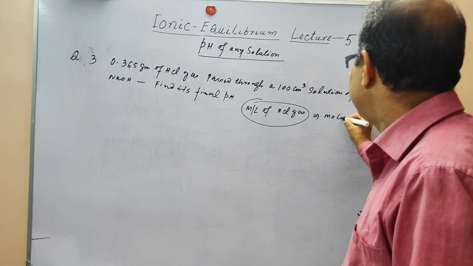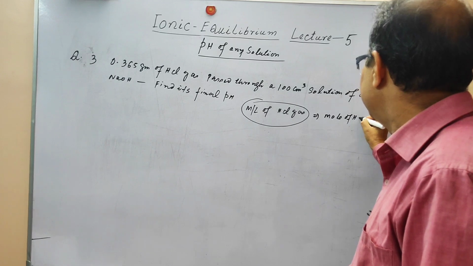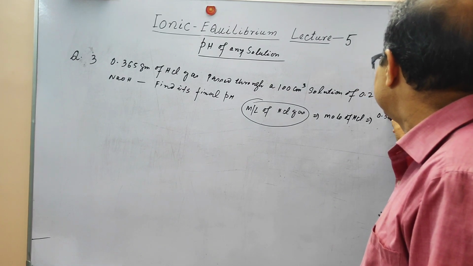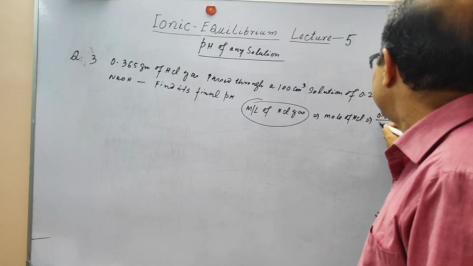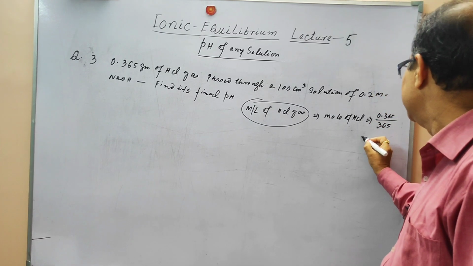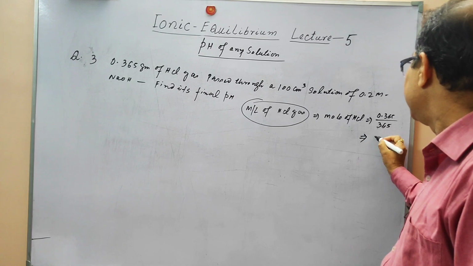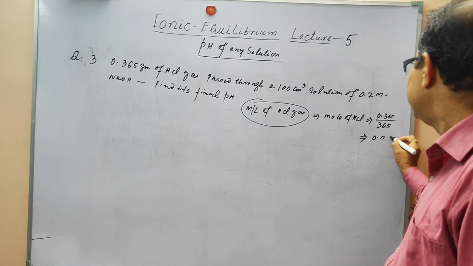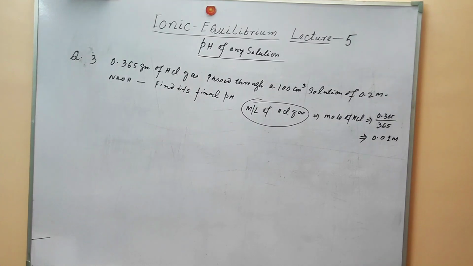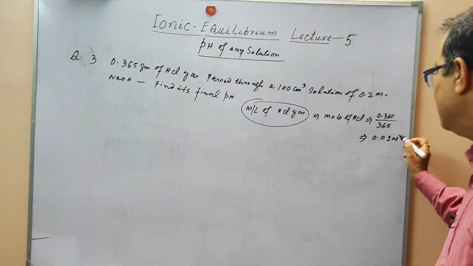So moles of HCl is 0.365 by 36.5, because that is the molar mass of HCl. Calculate it, it will be coming around 0.01 mole.